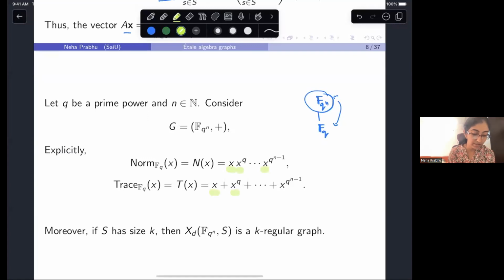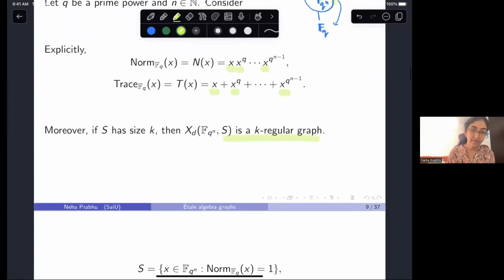So these are the roots of the minimal polynomial. Anyway, so we have these two ways to go down. And if S is of size K, it's a K regular graph.